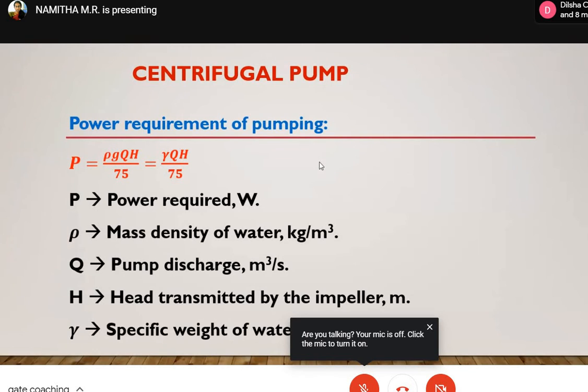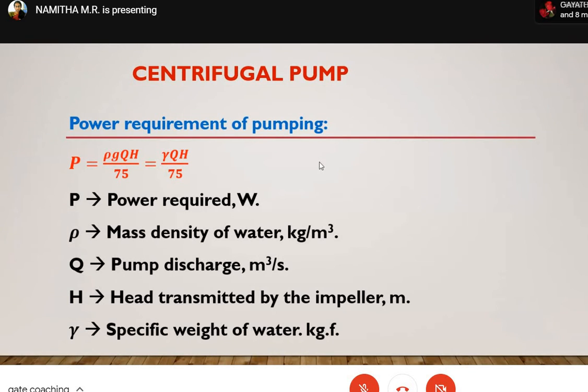Now, how to calculate the power requirement of pumping? The power requirement of pumping is calculated using this equation: rho g Q H divided by 75, where Q is in meter cube per second, H is the total head in meter, rho is the mass density of water in kilogram per meter cube, and g is the acceleration due to gravity.